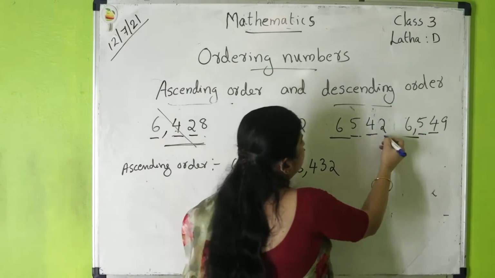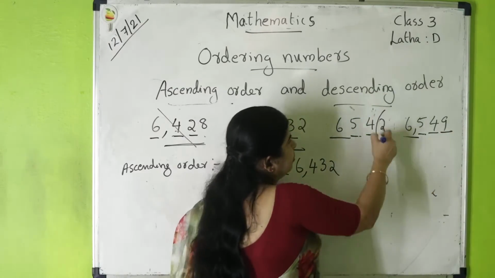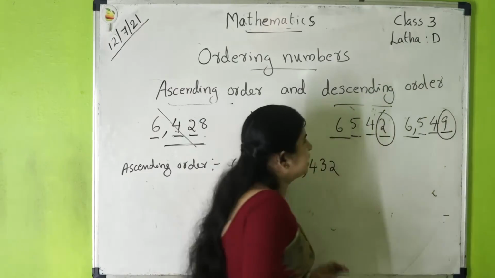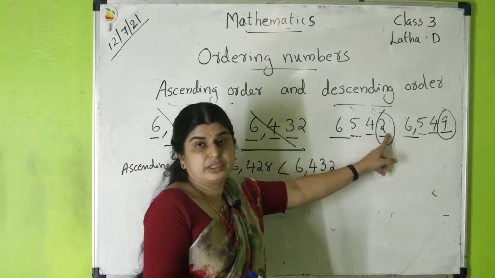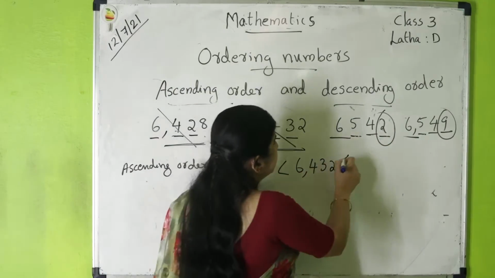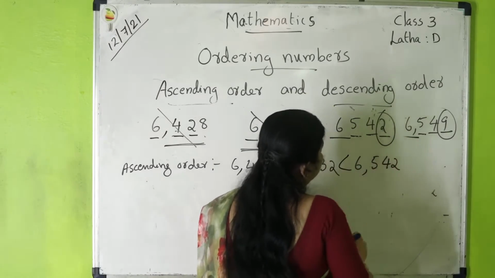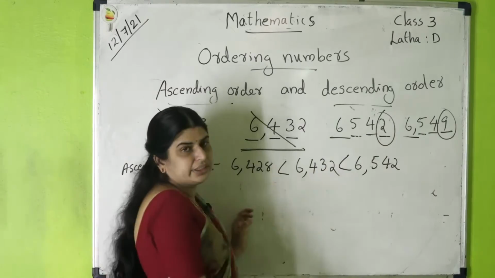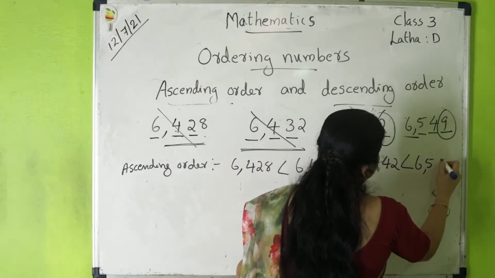Then we compare the third digit, 4 and 4, that is also the same. Then we compare the last digit, 2 and 9. Which is smaller? 2 is the smaller digit. Therefore, we write 6,542 as the third number. Then the last number, 6,549.